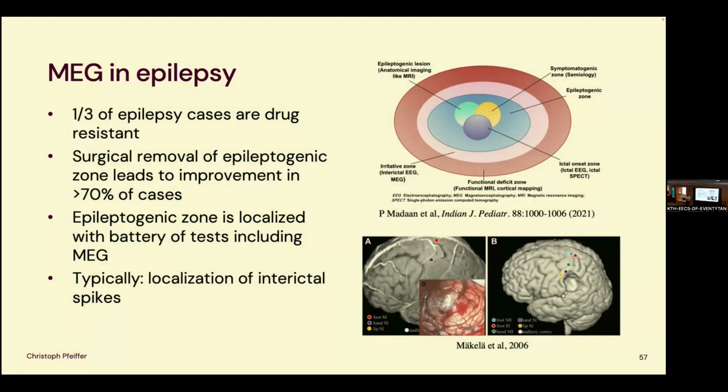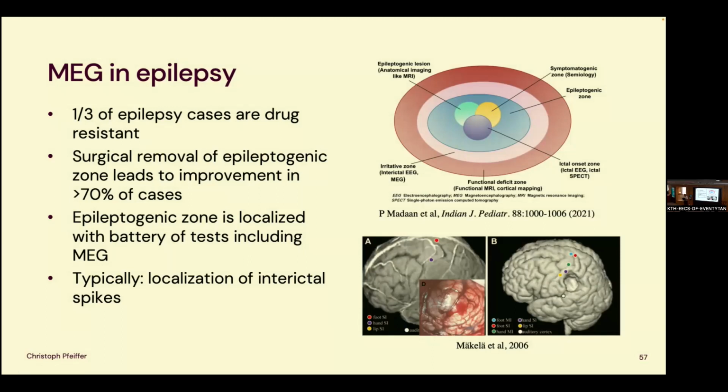Sometimes it's obvious from an MRI that there's a lesion, for example, but in many cases it's not. Then we normally need to do other types of non-invasive tests, and in some cases, as a last thing, invasive ones, so intracranial EEG, to confirm that this is really where the seizure starts.